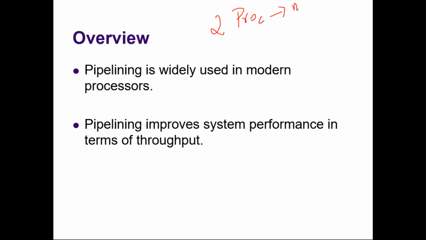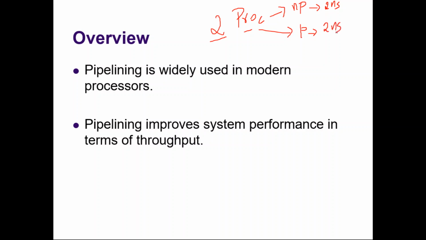The second system uses the pipelining technique. But let us assume both processor speeds are the same. In the system where pipelining is not used, let us assume each instruction takes 2 nanoseconds to complete. In the pipeline system also, let us assume each instruction needs 2 nanoseconds.